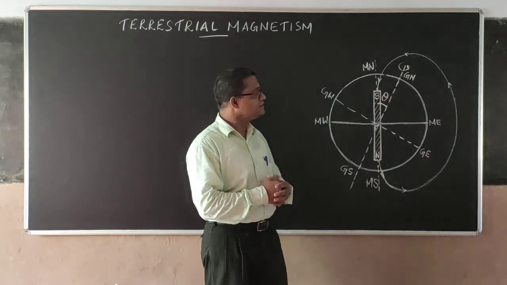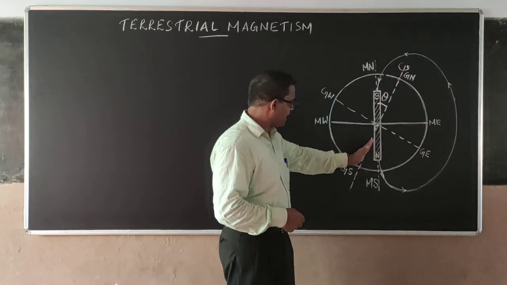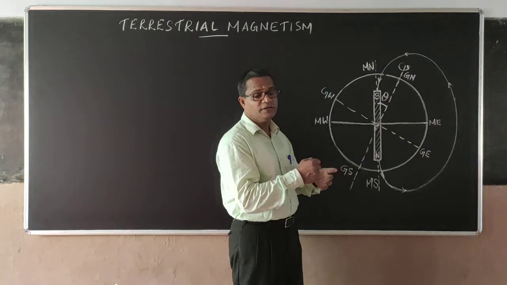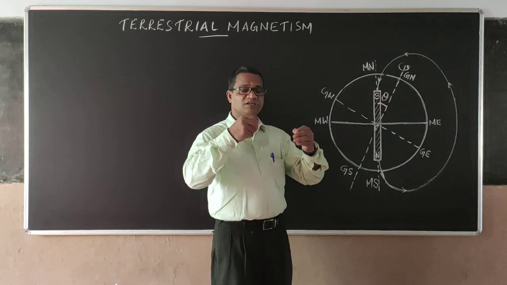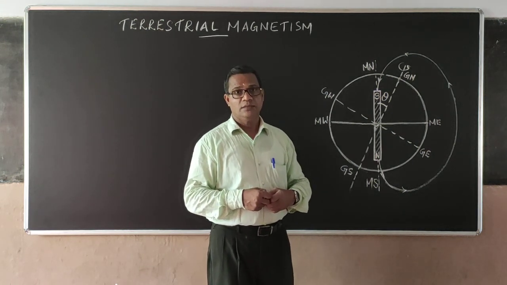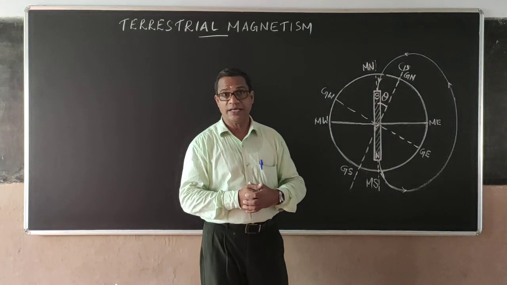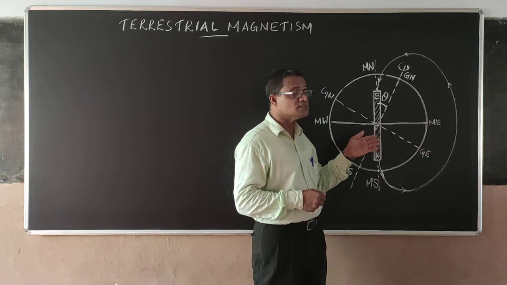Now, to study certain things about this, let us consider this is the geographic axis of Earth, the axis on which the Earth is rotating. If you suspend a magnet freely in air, it is found to align along the north-south direction, but not exactly along the geographic north-south.